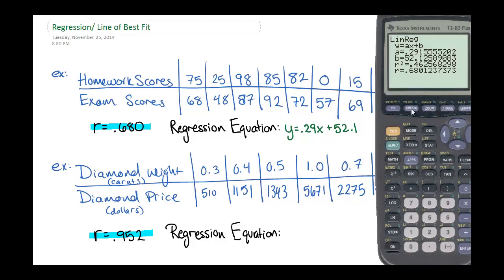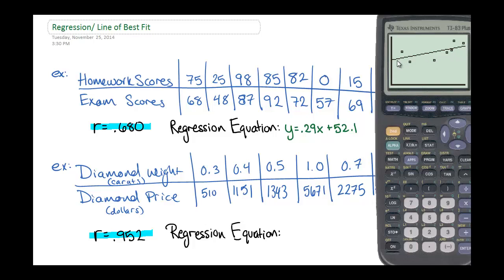So if we did look at the data, here is the scatter plot for the homework scores and exam scores. If I go in and graph this just for a visual here, 0.29x plus 52.1. And you don't have to graph this for these problems, but it's nice to see what's going on. This is our line of best fit.